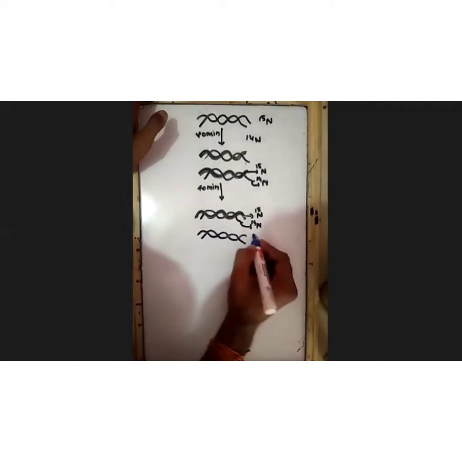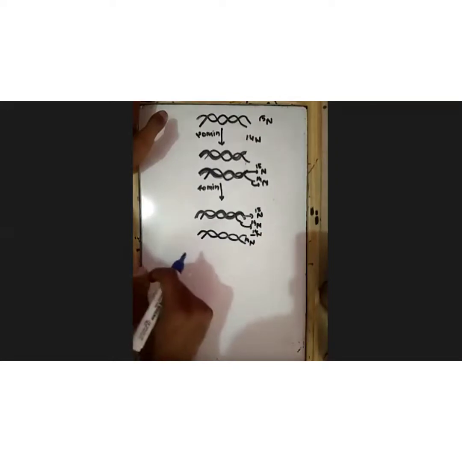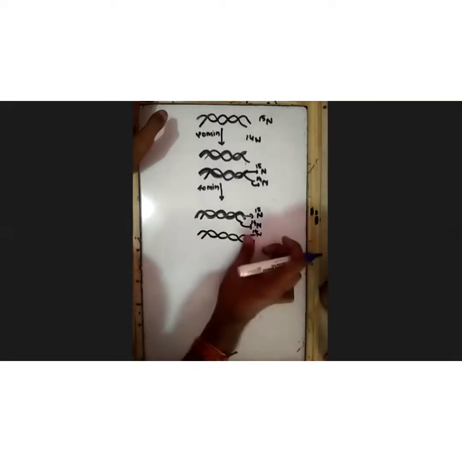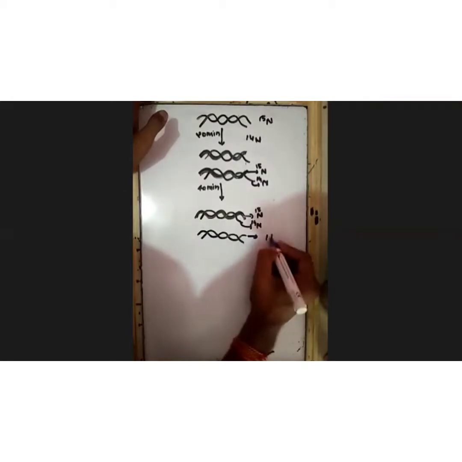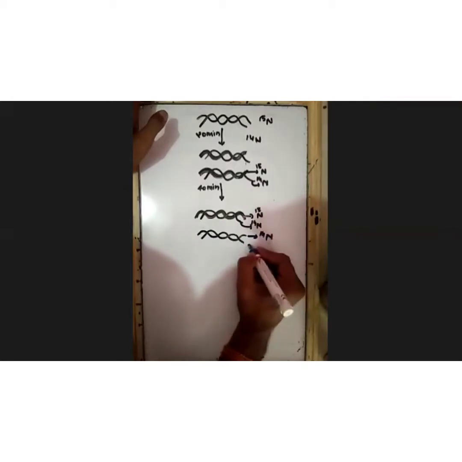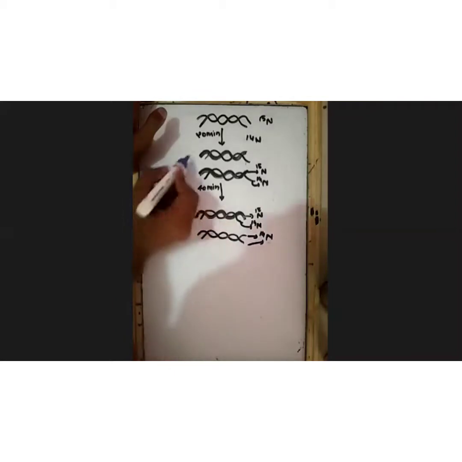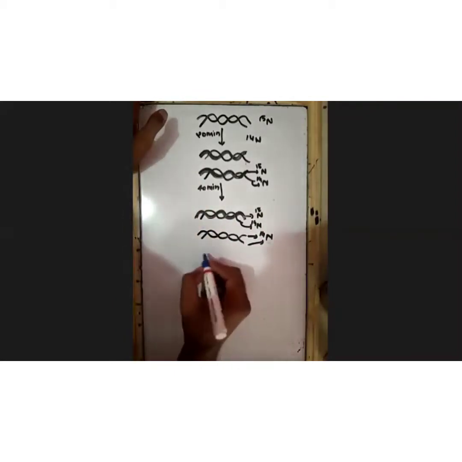So here you will get N14, and here you will also get N14. So these two DNAs are formed from the first DNA. From the second DNA we also get the same.